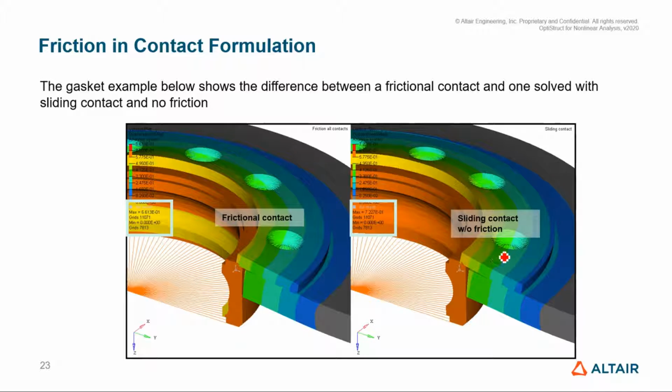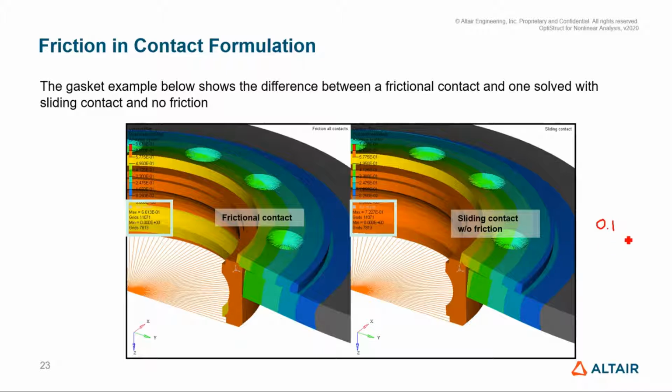And in fact, if the part you want to simulate has no friction, sometimes it might be harder to converge. As soon as you introduce a small value of friction coefficient, it will be easier to converge.